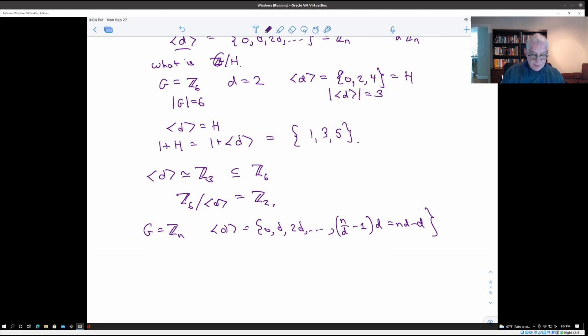This is our subgroup with n over D elements. So the quotient group G mod the subgroup generated by D must have D elements.